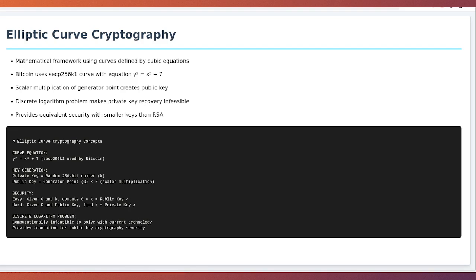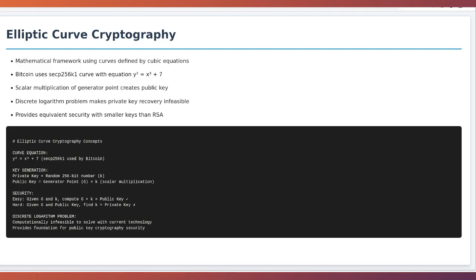Given the generator point and the result point, it's computationally easy to verify the relationship, but given only the two points, determining how many times you added the generator to itself is computationally infeasible. This is called the discrete logarithm problem.